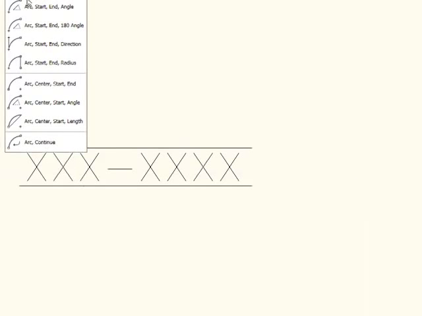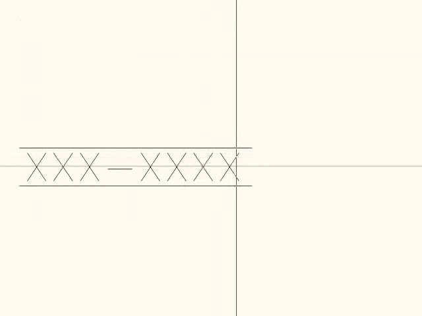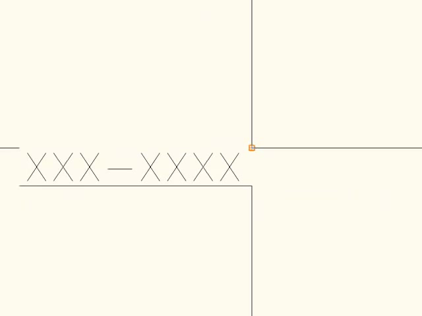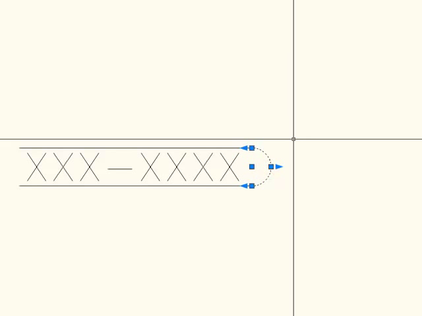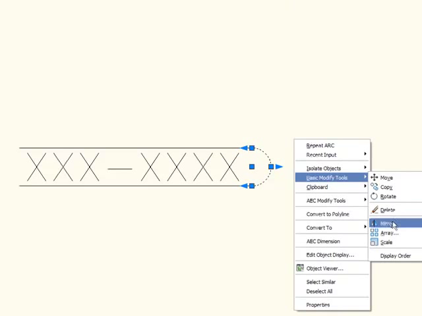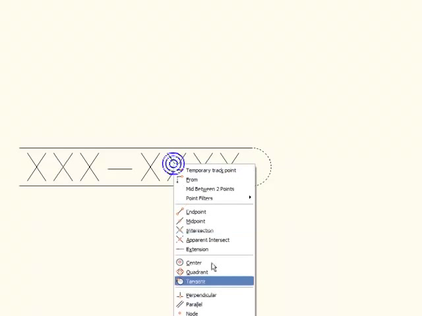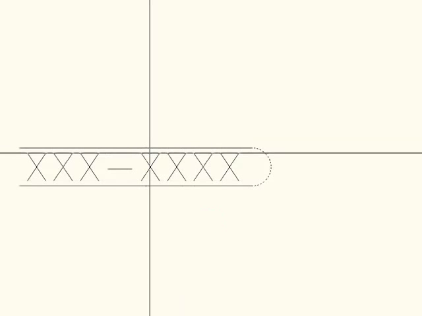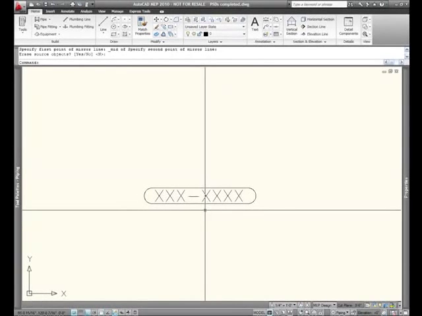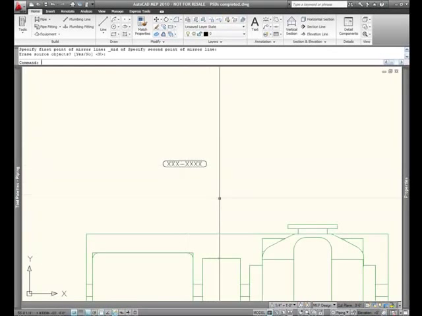And now I'll just use a regular arc to encapsulate this, if you will. And I'll mirror this as well, and I'll use the midpoint of the line to do my mirror point. So there's our basic look and feel for how our tag is going to look.